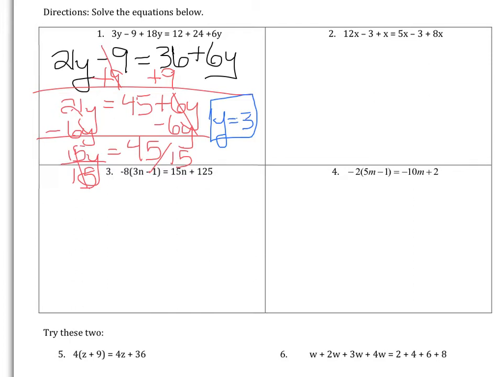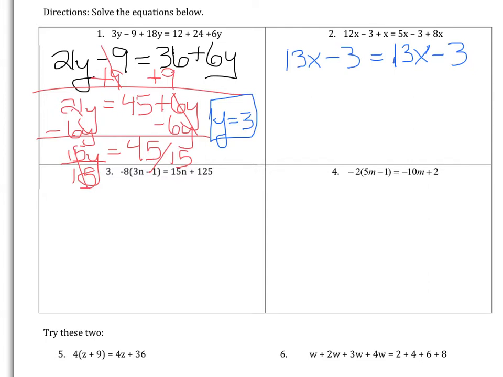On the left hand side I have 12x plus x, which is 13x, minus 3 equals, and on the right hand side I have 5x plus 8x. 5x plus 8x is 13x, minus 3. To solve this one, again, I get my variables on one side, my numbers on the other.